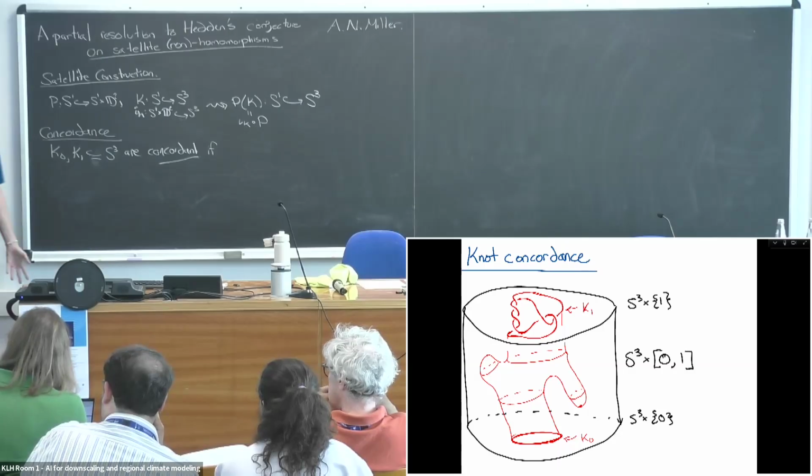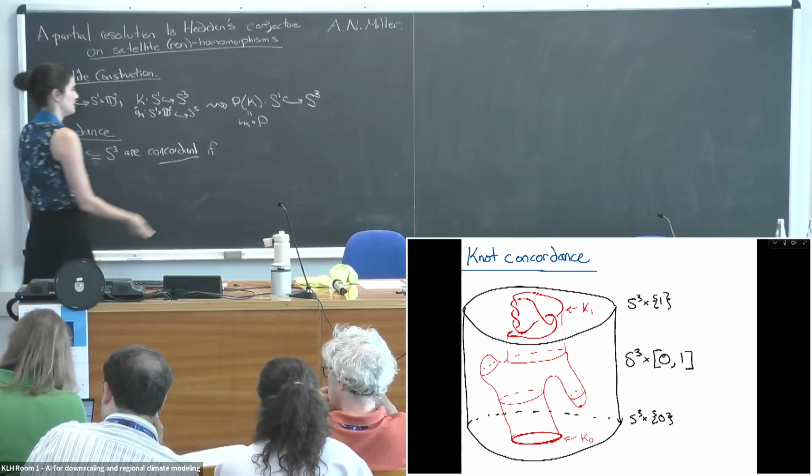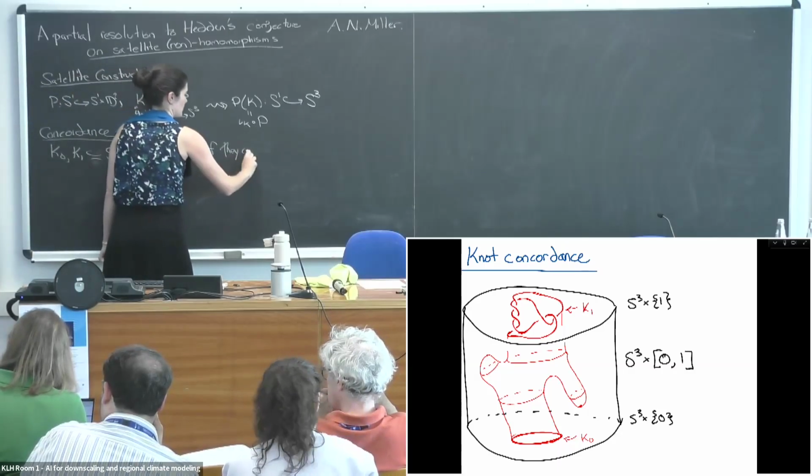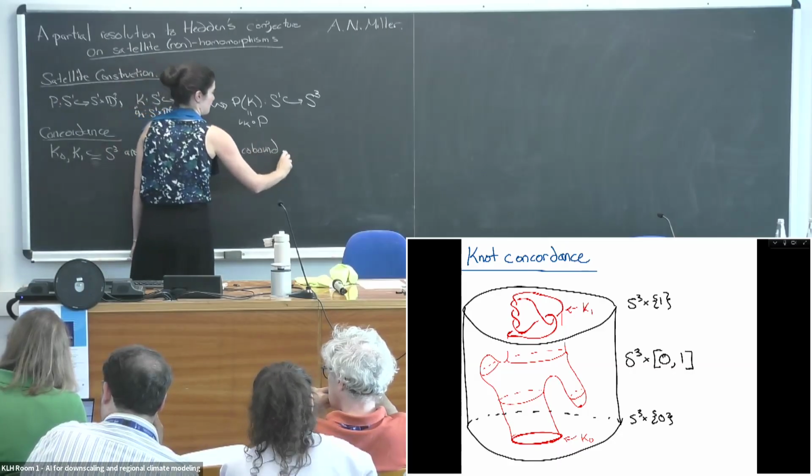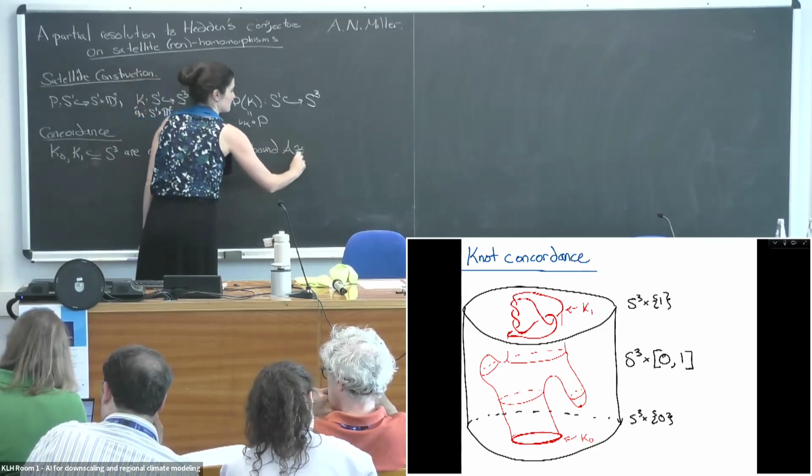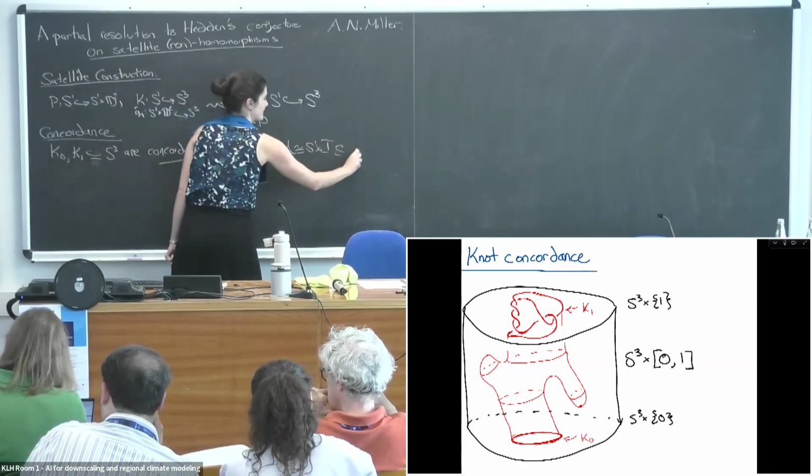That's the whole interesting thing that happens here. So K0 and K1 are concordant if they co-bound an annulus.